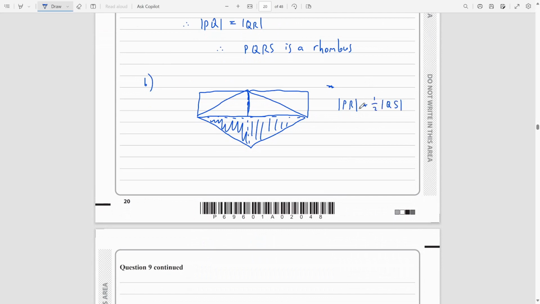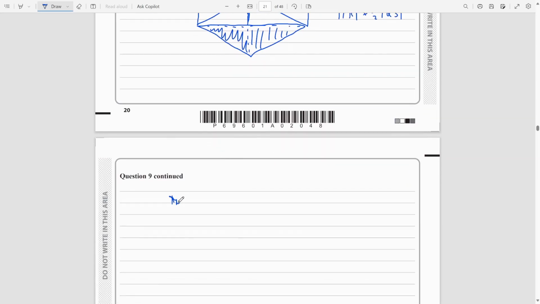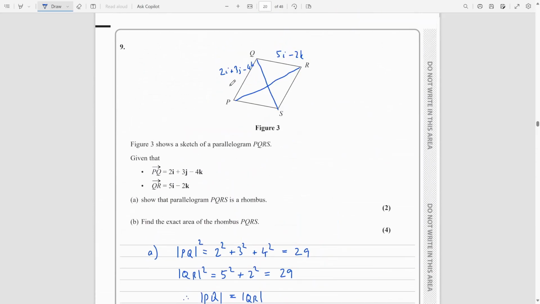So we need to work out what PR and QS actually are. So PR, well, we can just think about this in terms of journeys. PR is PQ plus QR.